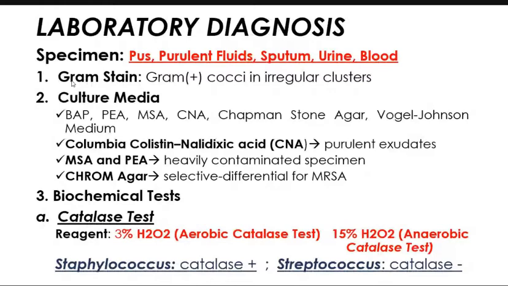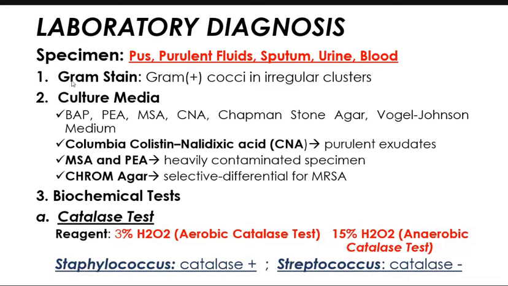And you also have here our MSA or your mannitol salt agar. Bakit siya tinawag na mannitol salt agar? Because of the addition of high concentration of salt, making it again selective. Then you have your CNA. Ano yung CNA natin? Are colistin, nalidixic acid. Then Chapman stone agar and Vogel-Johnson agar.